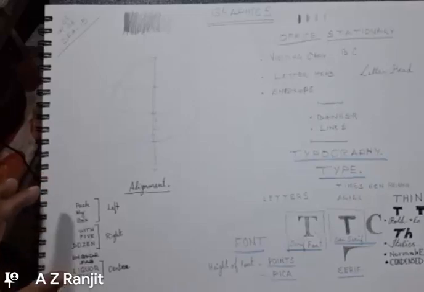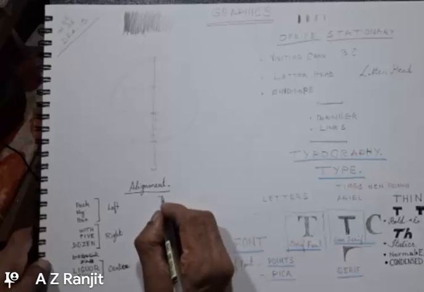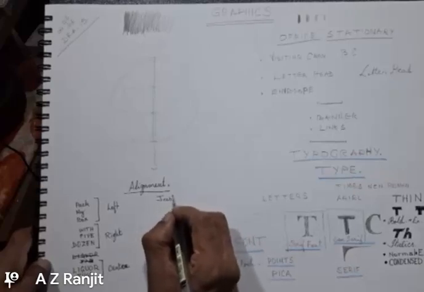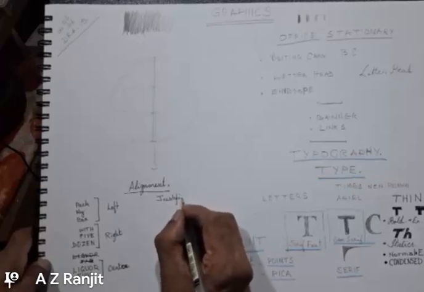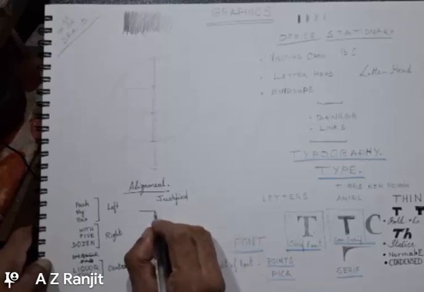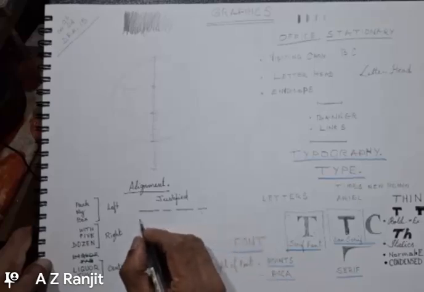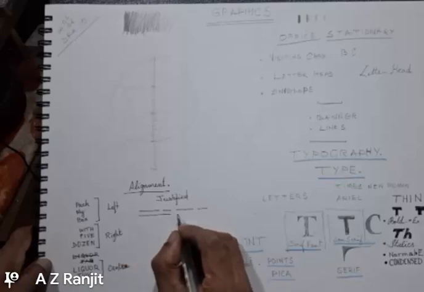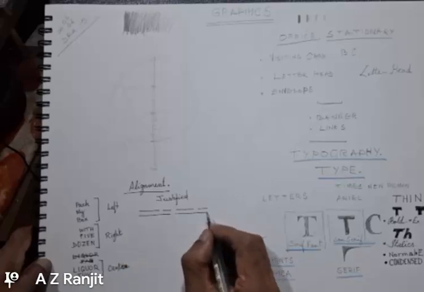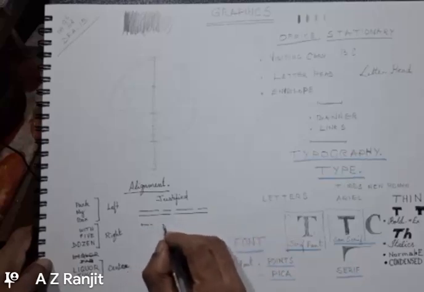So left alignment, right alignment, center alignment. There is something called justified. Justified would be, the next is going to come only up to that. But what they will do is they will expand it and bring it like that.